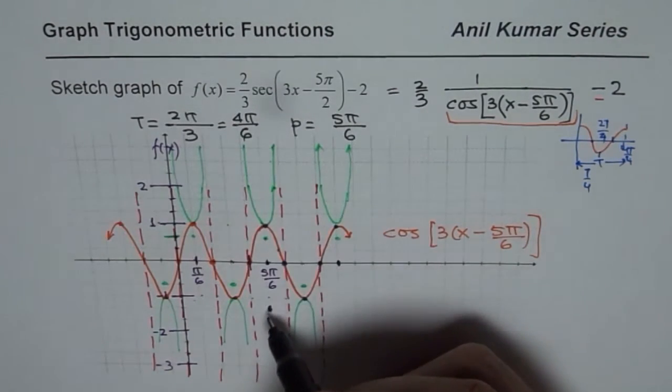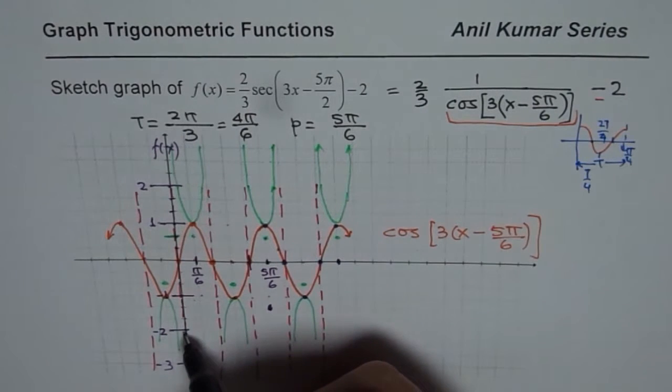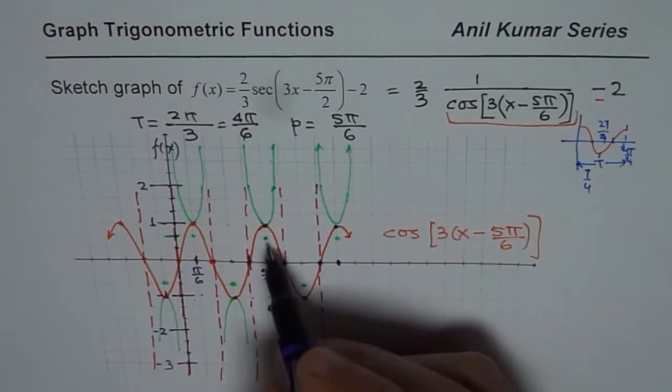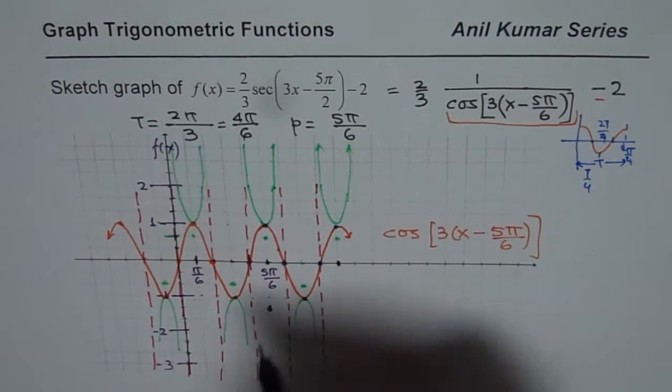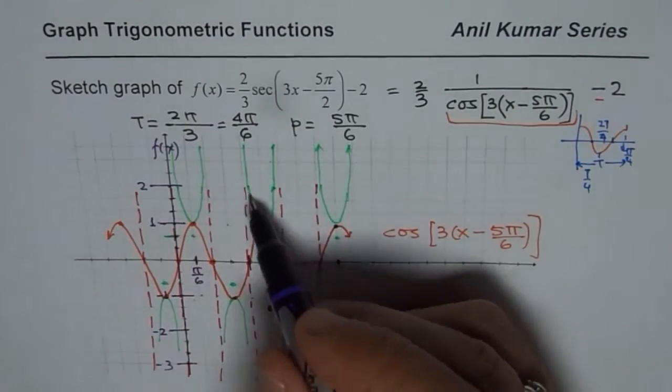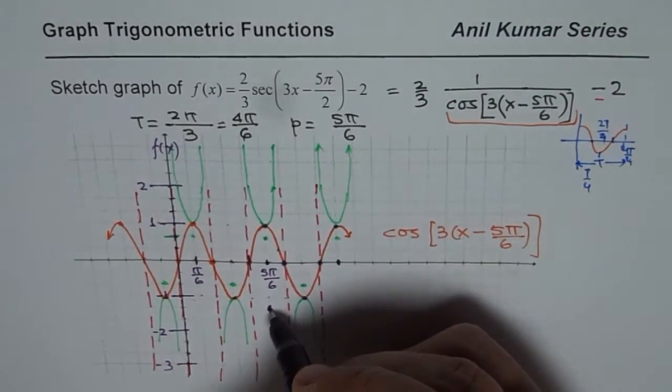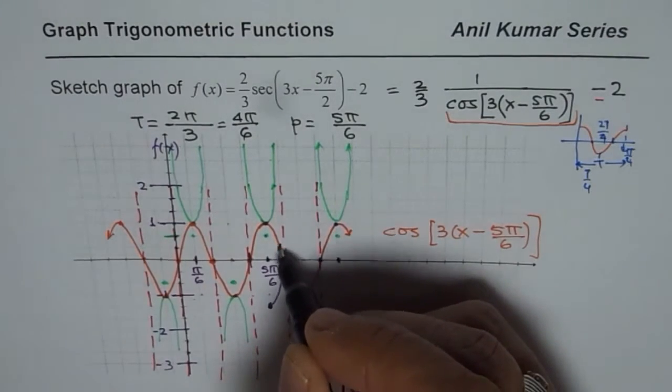So all these points will be at minus 1, 1 over 3. Correct? That is where these points are going to be. So, as far as these points are concerned, I could sketch them finally as kind of like this.